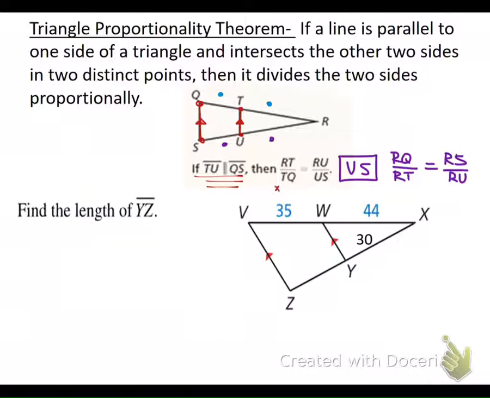Look at that and see what questions you have so far. Okay, so if it says find the length of YZ, which I'm going to call X here, instead of saying this length is X plus 30 and this length is 79, we don't need to do that. Because these lines are parallel, because WI and VZ are parallel, 44 over 35 is equal to what?